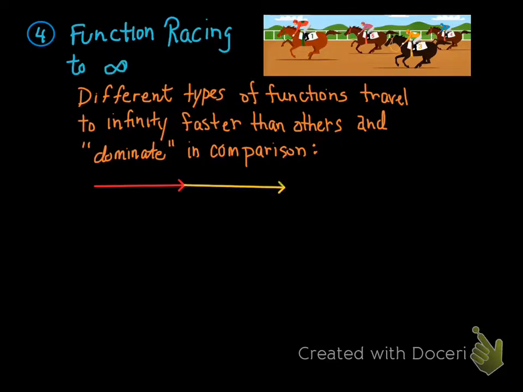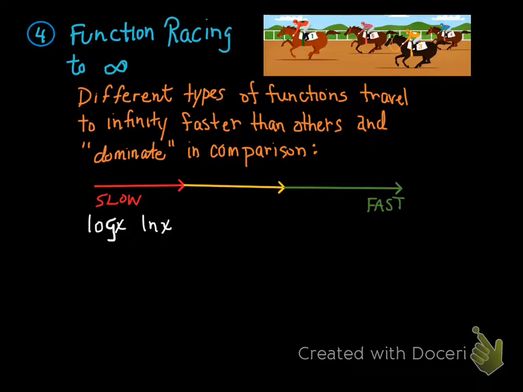Check this little diagram out. We've got red, yellow, and green arrows, kind of like a stoplight. We've got slow stuff on the left and functions that travel to infinity very quickly on the right. So here's the list of pertinent functions you need to know from slowest to fastest.